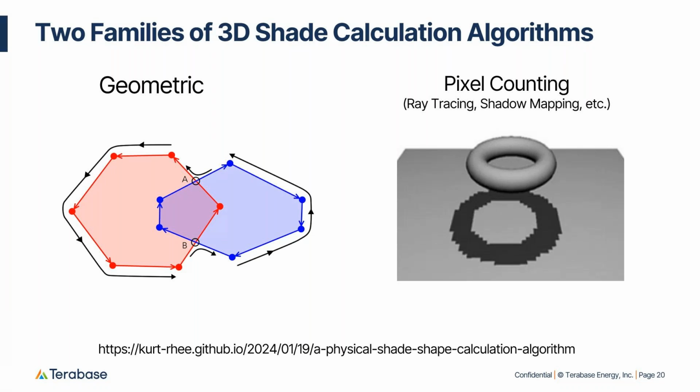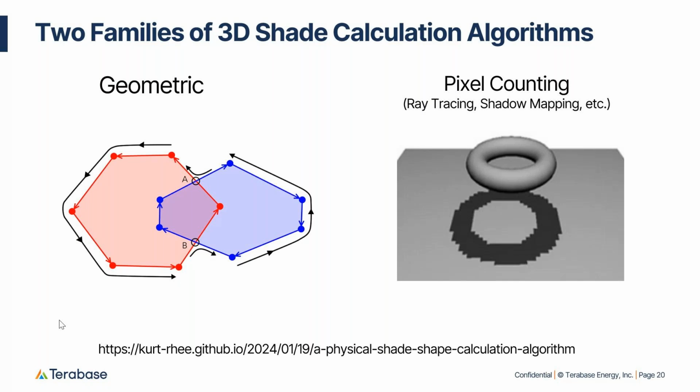The next family, the pixel counting family, adds another layer of uncertainty, which is how many pixels you are using to compute, or how many rays you are shooting. People familiar with the movie CGI industry or the video game industry know that they don't necessarily need mathematically precise shading, so it's commonly used in those two industries.